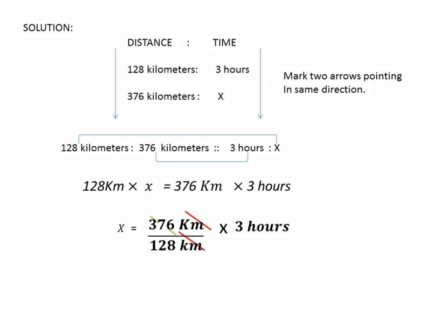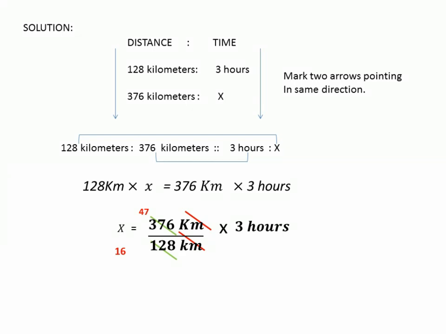After the division of 376 and 128, let's cancel these two numbers 376 and 128 by number 8. 8 times 16 is 128 and 8 times 47 is 376.